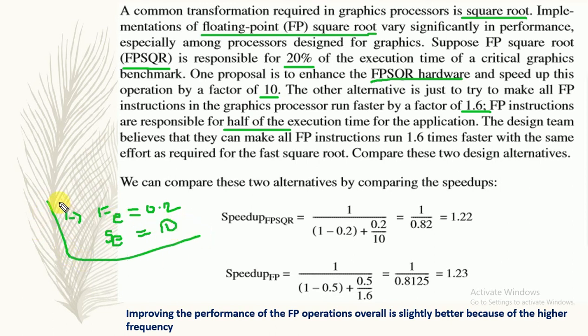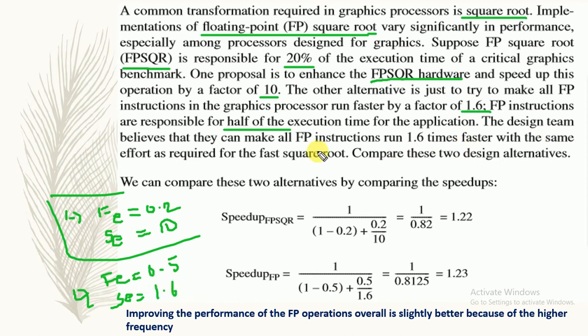Then for the second case, fraction enhanced is, everything is given directly in the problem. Fraction enhanced is half, that is 0.5, and the speed up enhanced is equal to 1.6. We'll just substitute the values in the formula.